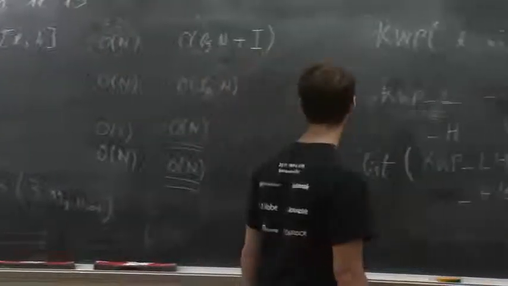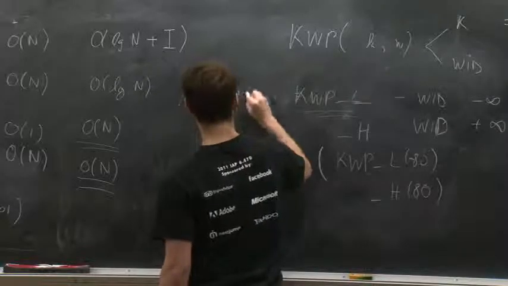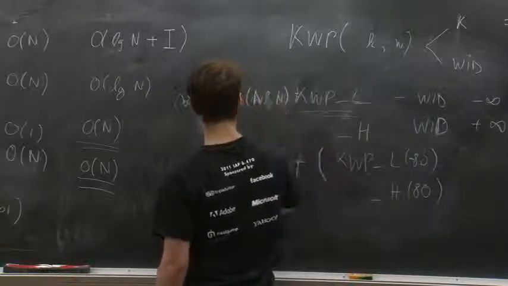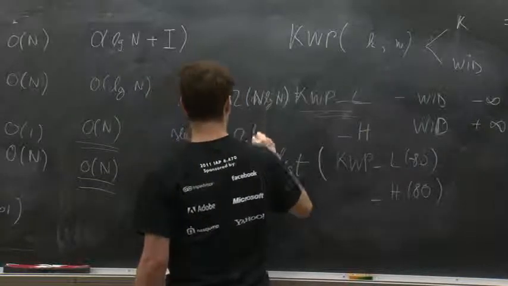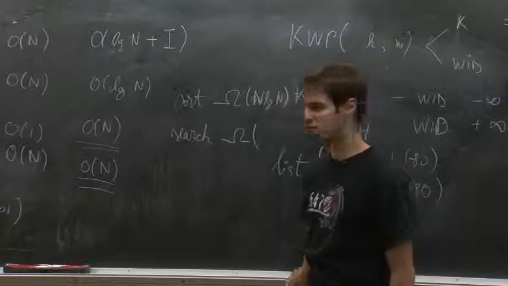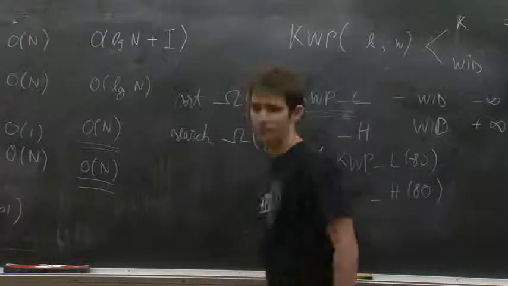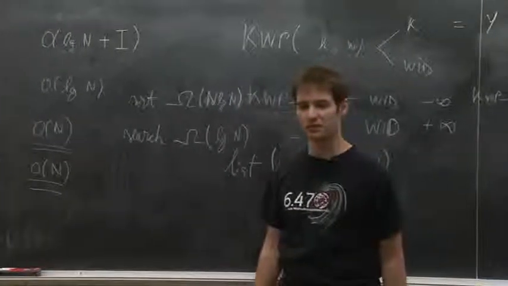Yep, so if I want to do a sort, that is n log n. And if I want to do a search, that is theta of what? Okay, now what are the best bounds that we have for these if we can go outside the comparison model?